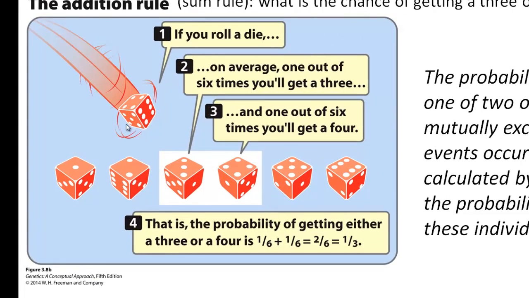So the chance of getting a 3 we know is 1/6. The chance of getting a 4 is 1/6. And if either of those two scenarios is able to satisfy your criteria, then we're going to add those two probabilities together. 1/6 plus 1/6 equals 1/3.